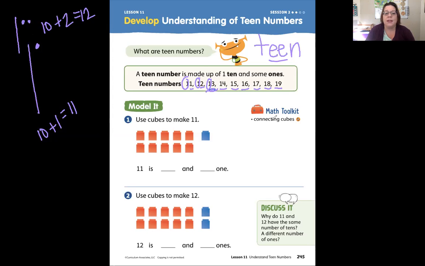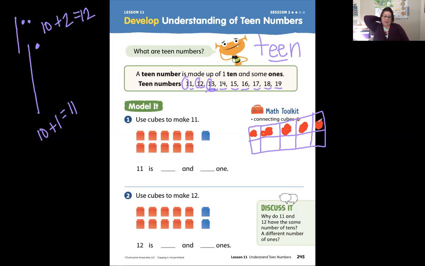One of the things that's really important for us to know is that we can look at a 10 frame. This is not a very nice drawing, but that is okay. I have 1, 2, 3, 4, 5, right?